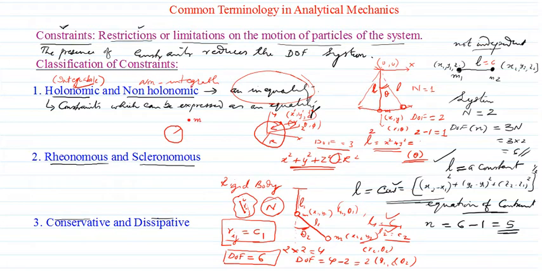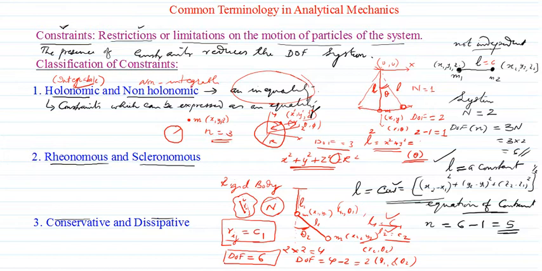Since it is moving in space, its degrees of freedom should be x, y, z. When you have to specify the motion of the bird, you can use a Cartesian coordinate system with x, y, z as the coordinates. So you can see the degree of freedom here, small n, is equal to 3.